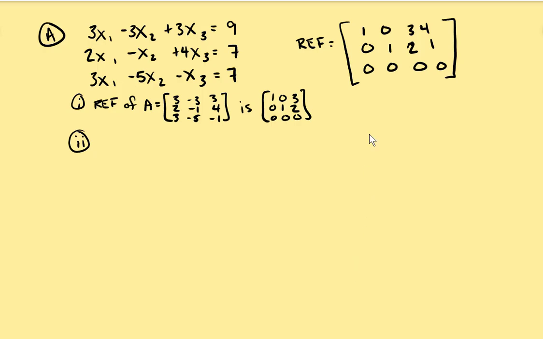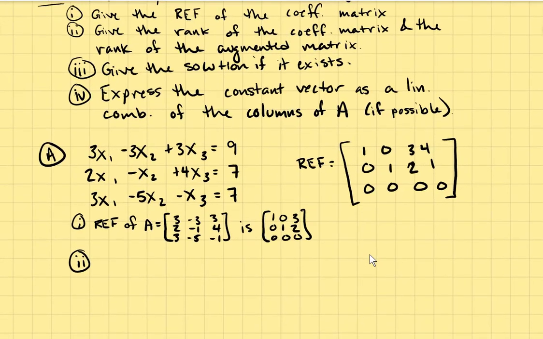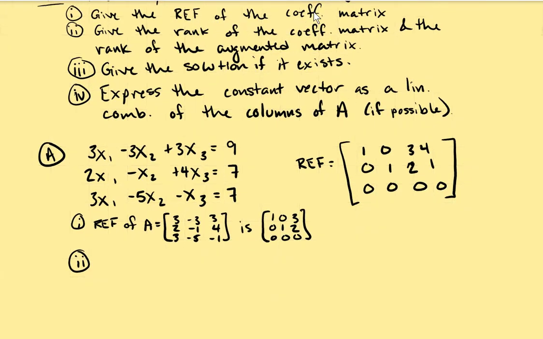Part 2, let's remember what we were asking. We already gave the REF of the coefficient matrix. Now we need the rank of the coefficient matrix and the rank of the augmented matrix. Remember in the last video we said if we've already got these in REF form, the rank is just the number of non-zero rows we are left with. So let's write that down.